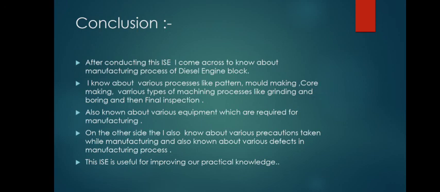I also came to know about various equipment which are required for manufacturing processes. On the other hand, the various precautions taken while the manufacturing process is done, and also various defects in the manufacturing process. This ISC is useful for improving our practical knowledge.